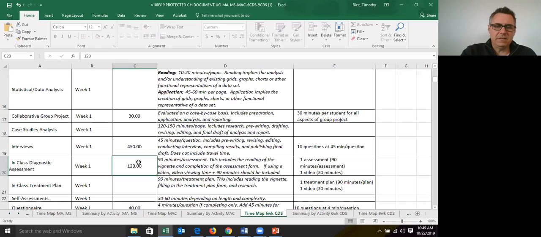So in this case, the document itself asked for 90 minutes per assessment. I had one assessment and then also added a video that would be 30 minutes in length. If you look at the document here, it says 90 minutes per assessment. And then if you do have a video, go ahead and add the video viewing time, plus the amount per assessment.